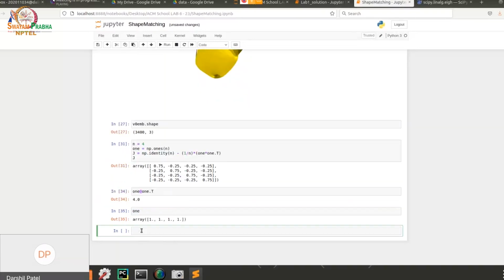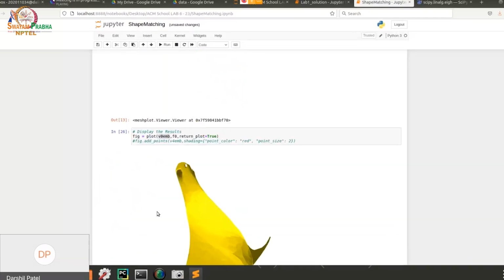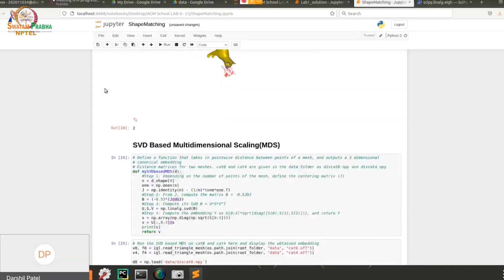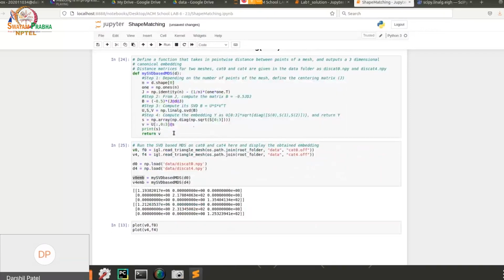Just print one.shape. Exactly, so that is the problem. I think what you should do is np.ones of n comma 1.